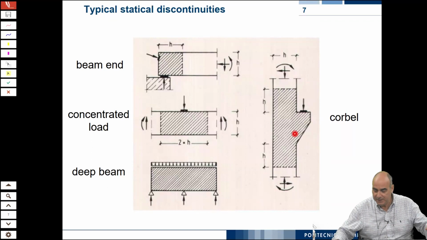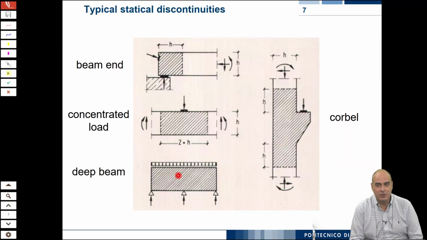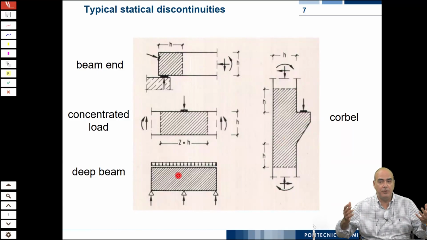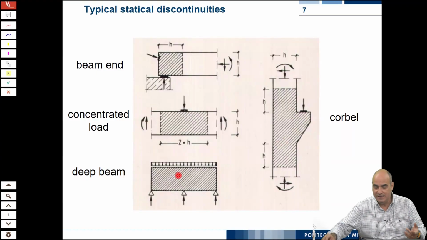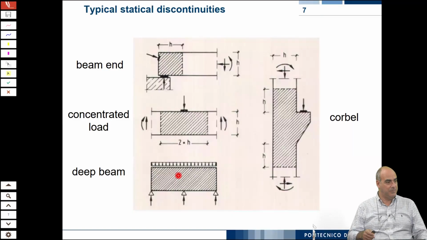And you see another example of an element which is a D region: a deep beam. If the depth of your beam is very high and the span is not at least 3 times longer than the depth, you cannot speak about a beam in this sense.